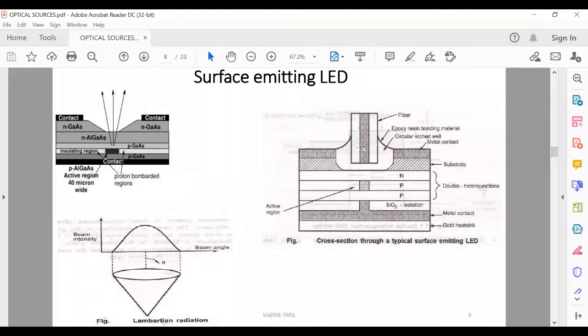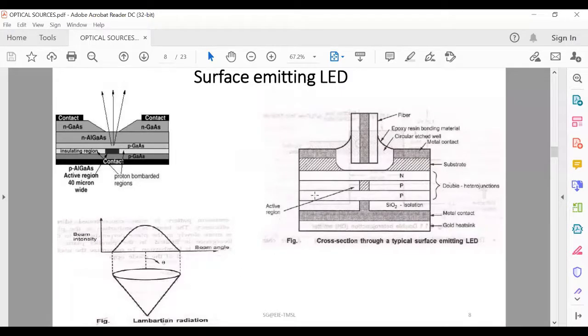Now, at the back of this device, there is a gold heat sink, and the current flows through the p-type material and forms the small circular active region, resulting in an intense beam of light.